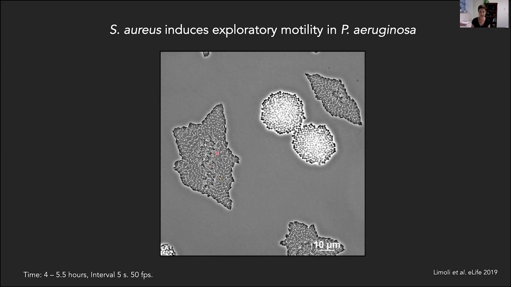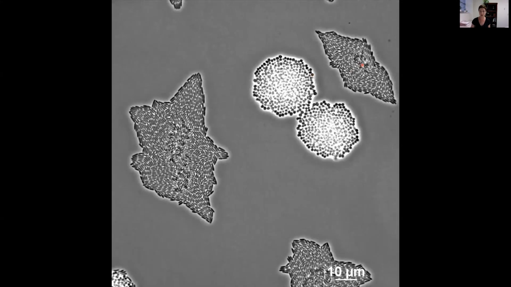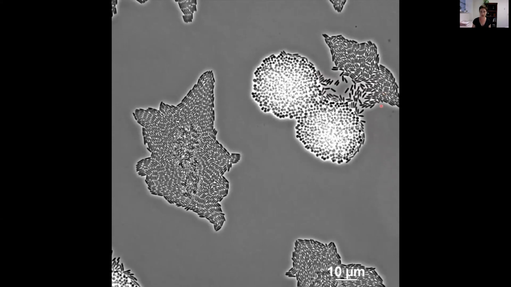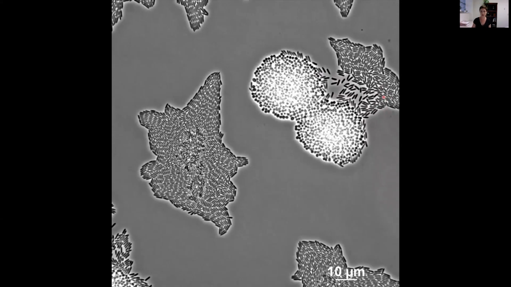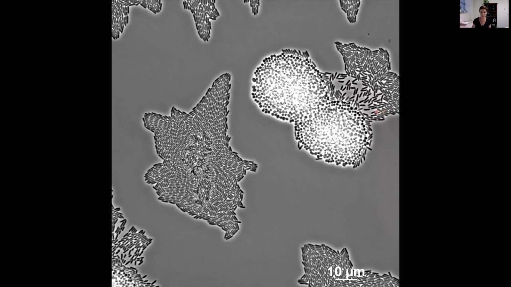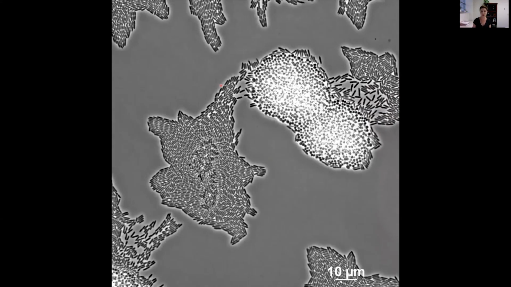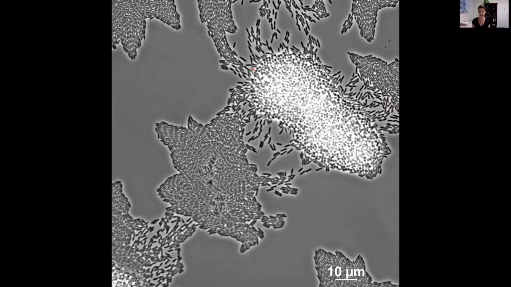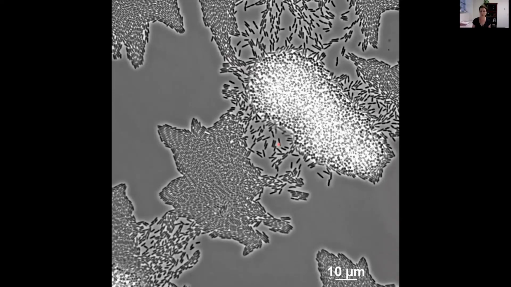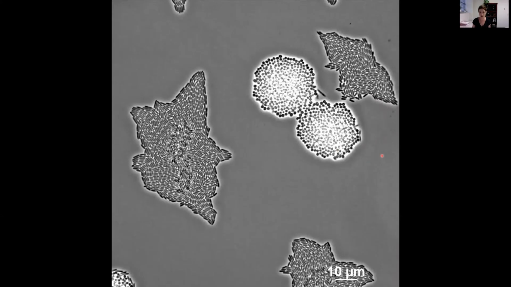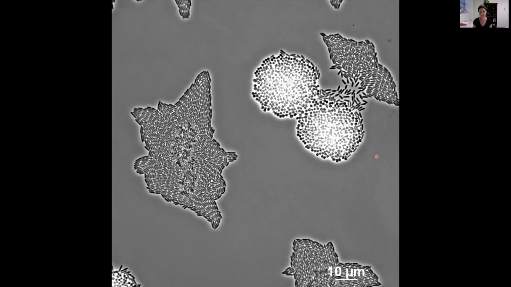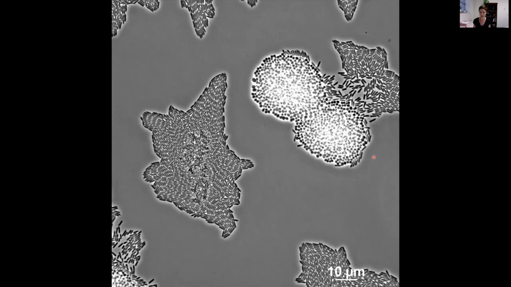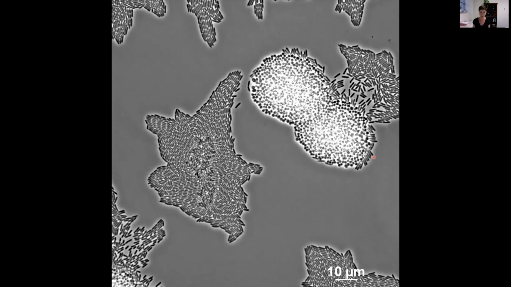What you'll see is that as Pseudomonas begins to approach staph, instead of moving as a group, individual cells break off from a Pseudomonas raft, and then they move with increased velocity and surround the staph colony. You'll see even more cells moving into the field of view and surrounding this staph colony. From these data, it looked to us that Pseudomonas appeared to be able to sense staph from a distance and move towards it.